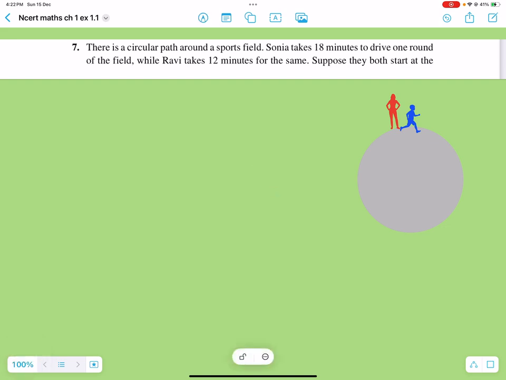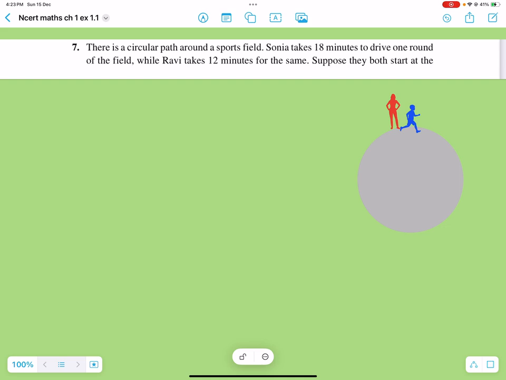For all these questions, if you actually visualize this problem statement, it says after how many minutes, because both are running at a different speed, they will meet at a point. So what we need to do is pick the total times that they're going to take to complete one circle.